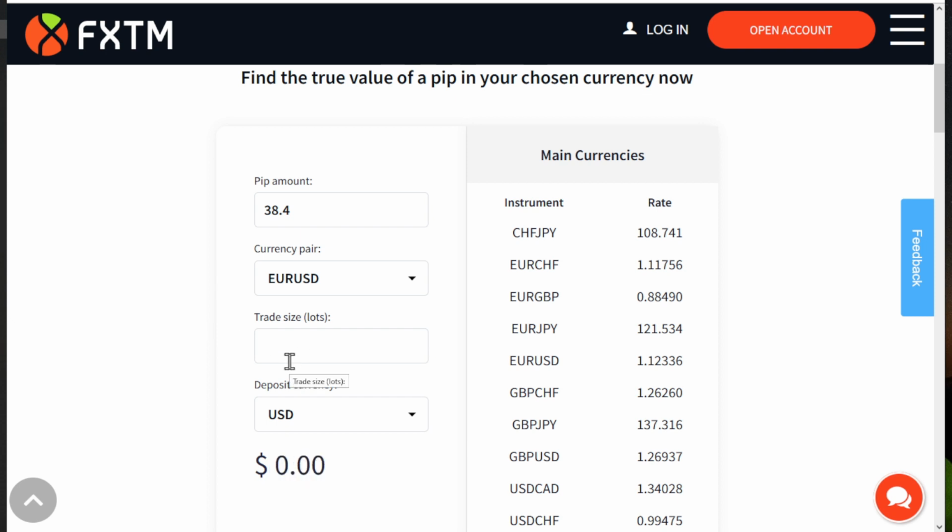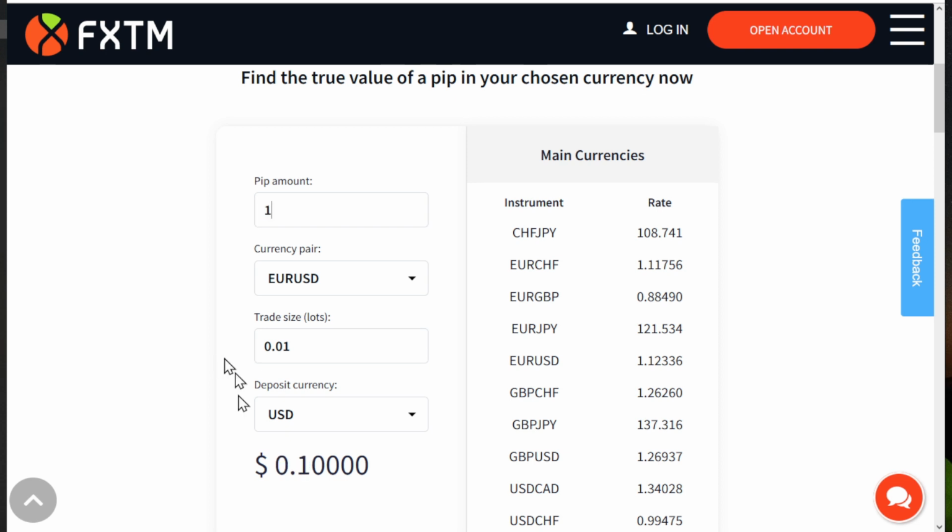If you remember, we went over this before in previous videos that if you trade a micro lot, 1,000 units, when your account currency is USD and the quote currency is USD, this is what it equates to. Every pip movement is 10 cents.